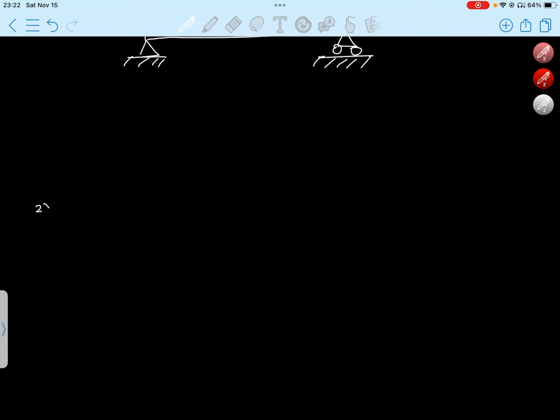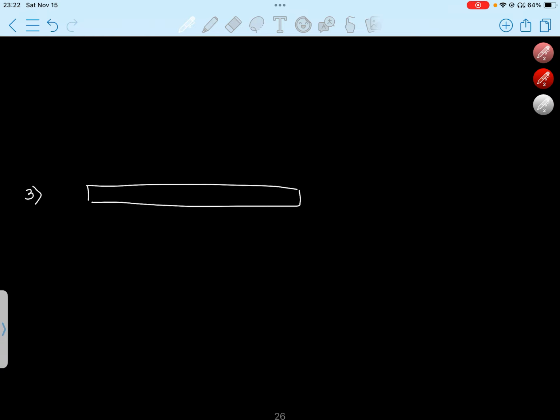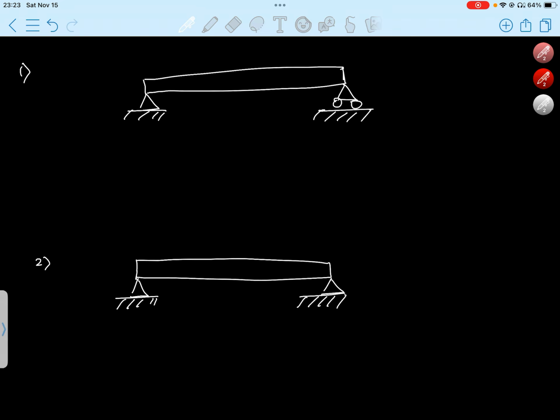The second one would be one hinge and a second hinge, and third, my favorite example, would be two rollers on a single load. I love this example.